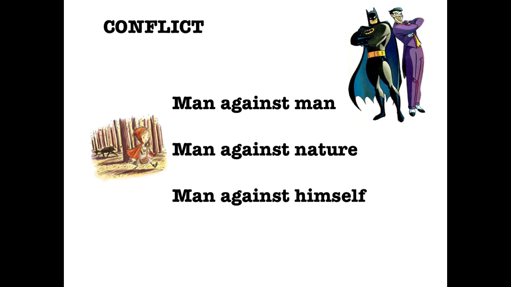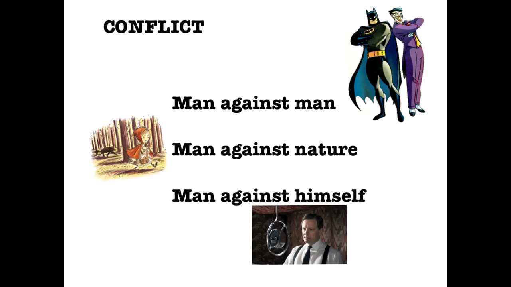So what I thought would be a good example of a man against himself conflict is the Academy Award winner, The King's Speech, in which the king fights his own stuttering to be able to address his population properly. So there you have it, three literary elements: characters, narrator's point of view, and conflicts.